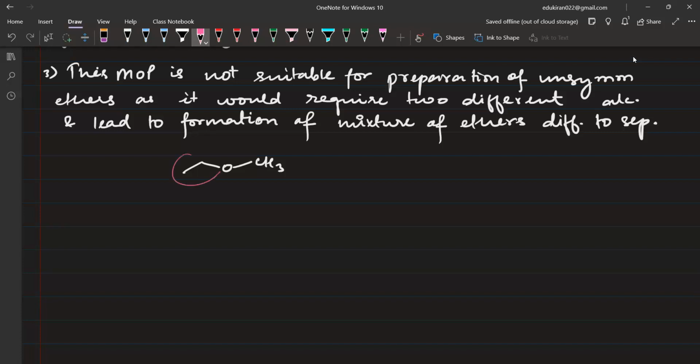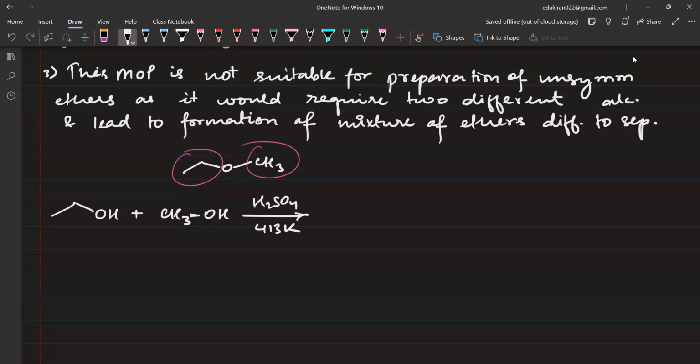The 2 alcohols will be ethyl alcohol and methyl alcohol. So when you have ethyl alcohol and methyl alcohol, and you treat this with H2SO4 at 413 Kelvin. Now, one thing is for sure that some of the ethyl alcohol will react with methyl alcohol and it is going to give you this particular product that you require.